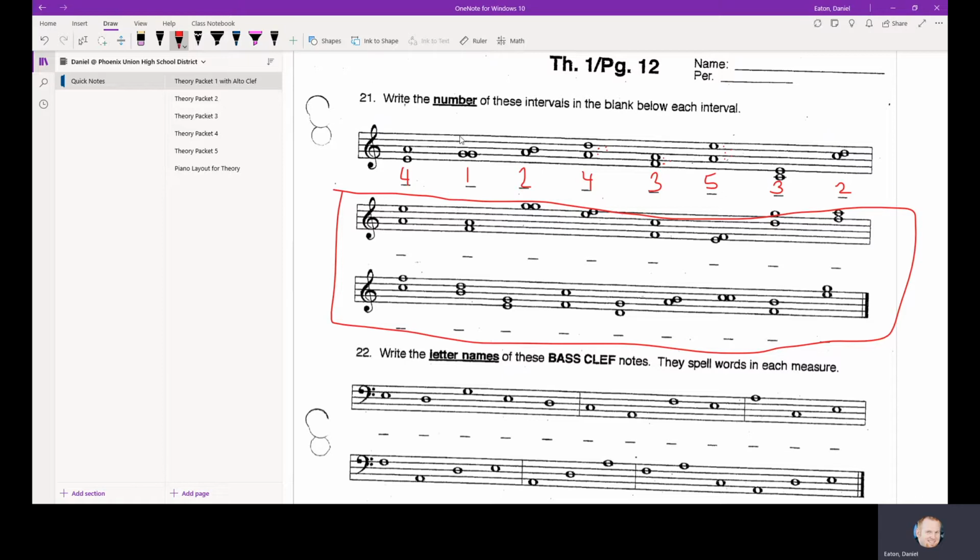One thing I want to call your attention to as well. A lot of people get these two intervals confused. They will call this a first when it's not actually a first, probably because they think, okay, the bottom note, I have to go here. How many dots? 1. That is not correct to do it that way, okay? If it's the same exact note, G to G, that is a unison.